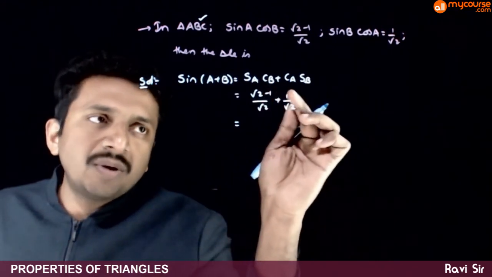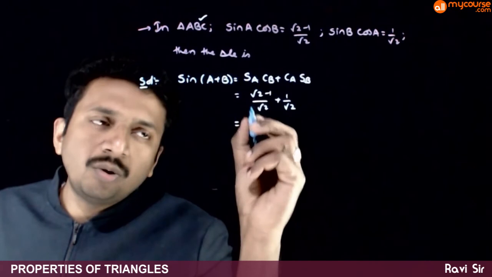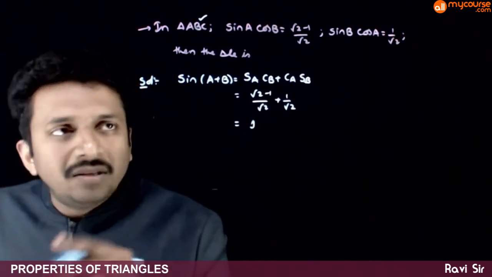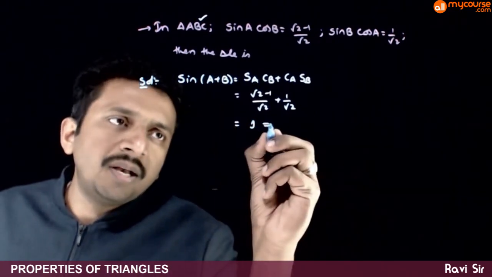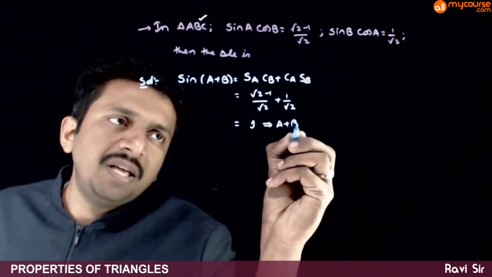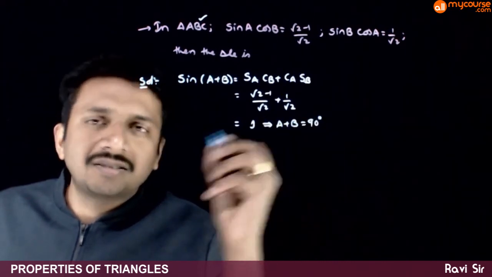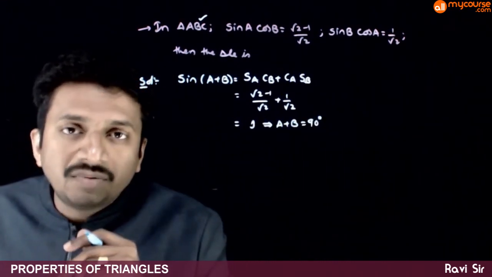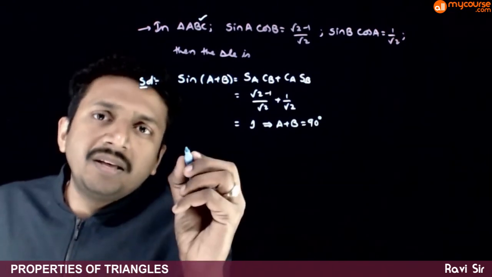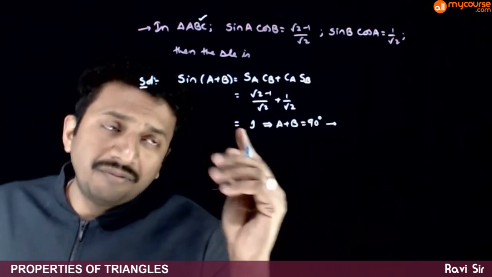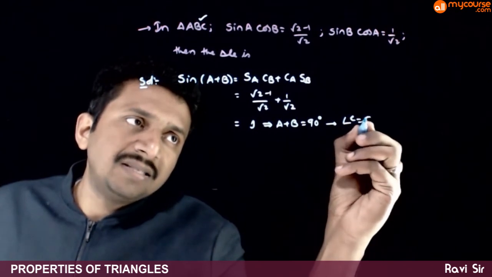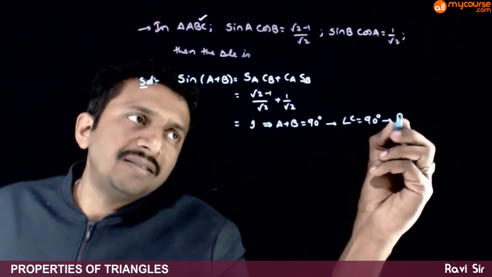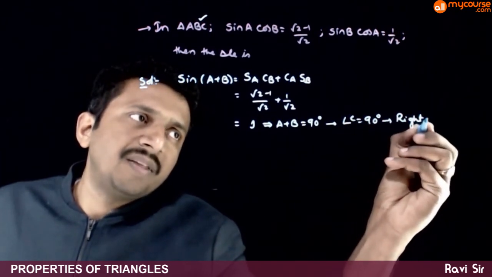That is equal to, minus 1 by root 2 and plus 1 by root 2 gets cancelled. Root 2 by root 2 is 1. So sine of A plus B is equal to 1, which implies A plus B is equal to 90 degrees. The sum of two angles of the triangle is 90 degrees. So by now you would have seen that angle C is equal to 90 degrees. Hence right angled triangle.